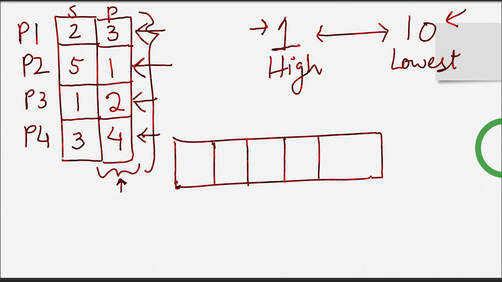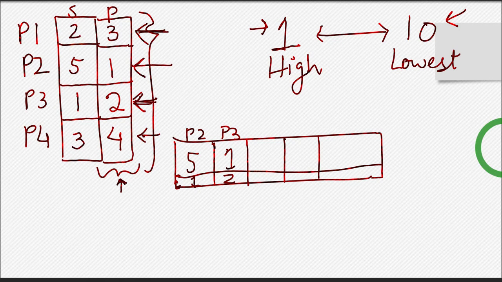First of all, we will write 5 here, which is P2. Why? Because let's make another box here and write priorities here. It has the priority 1, so it will come first. The second one will obviously be 3, because the second highest priority is 2 right now, so it will be executed afterwards.